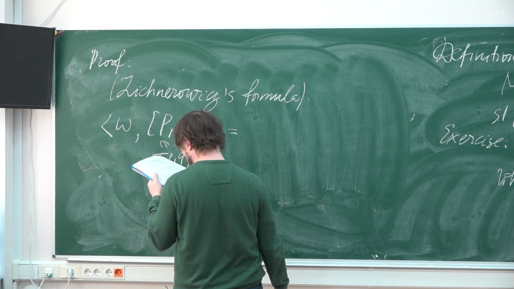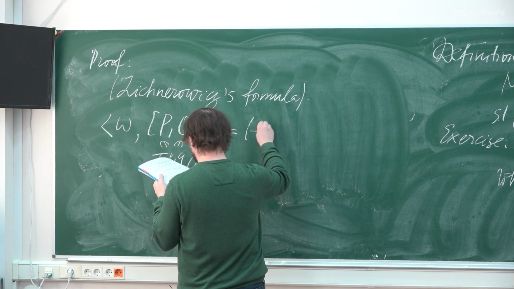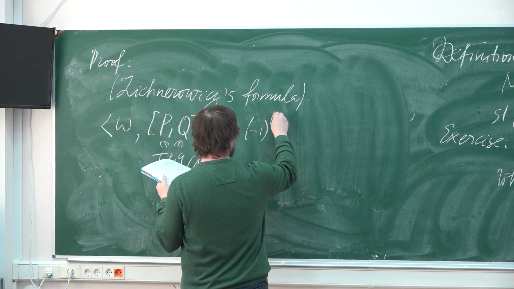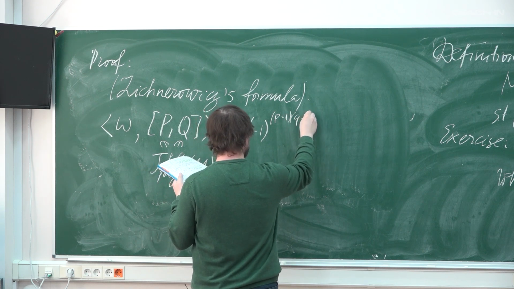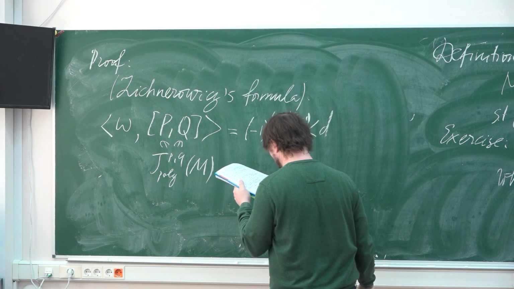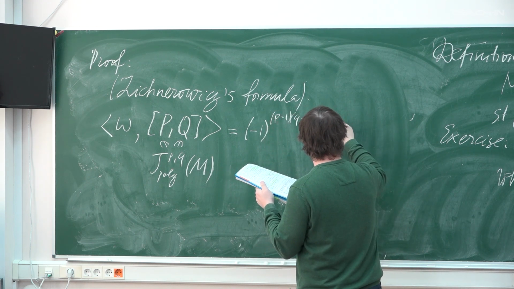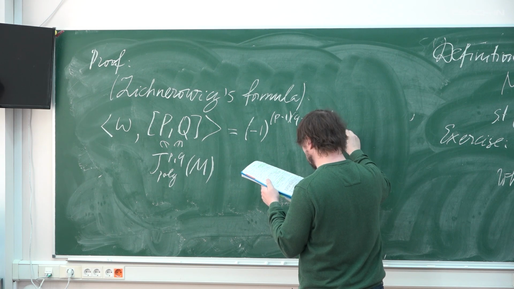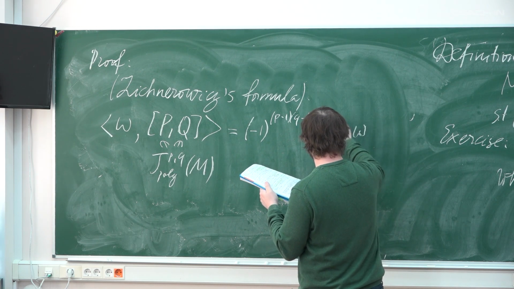And here is the formula. So the first term is minus 1 to the power (p minus 1)(q minus 1), now we have this Darboux differential I sub q of omega. I'll explain what it means.